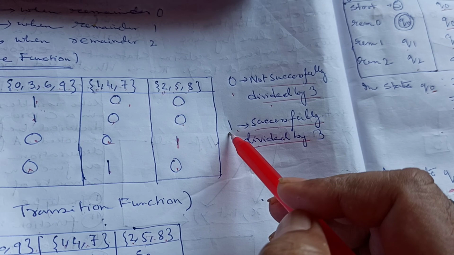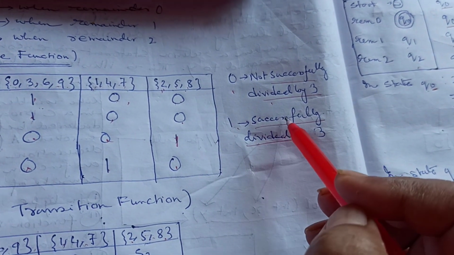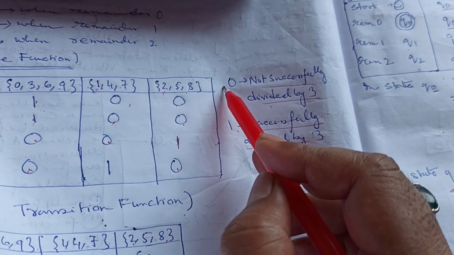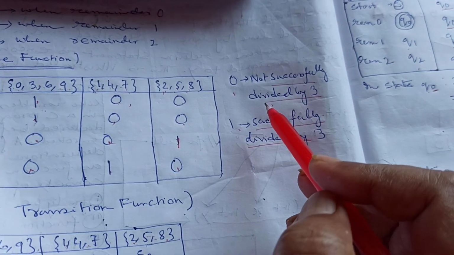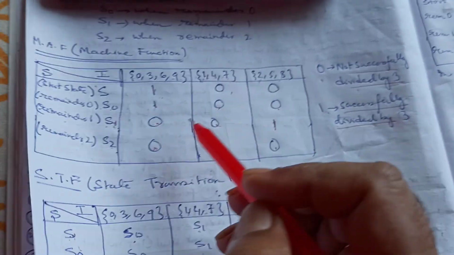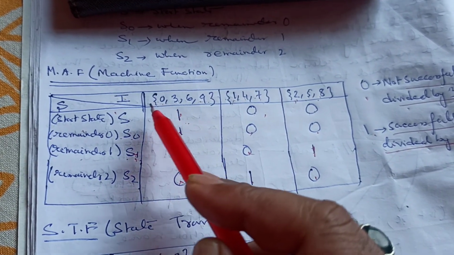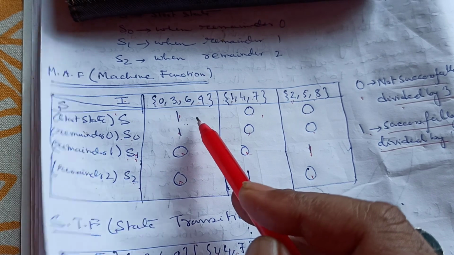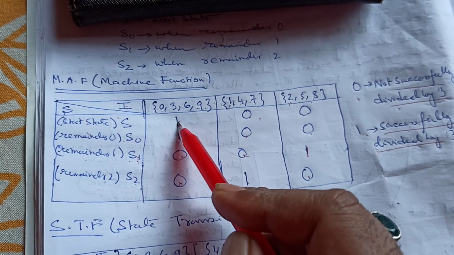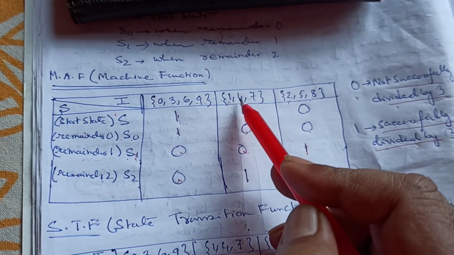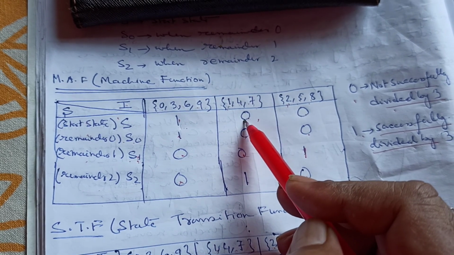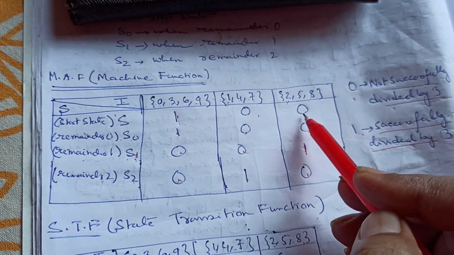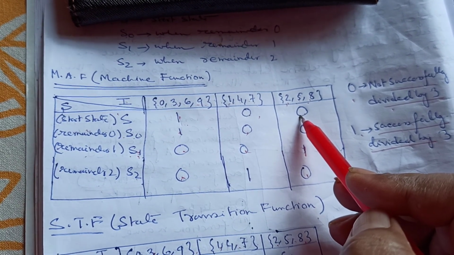The output will be 1 if it is successfully divided by 3, and the output will be 0 when it is not successfully divided by 3. Since 0, 3, 6, 9 all are divisible by 3, the output is 1. 1, 4, 7 is not successfully divided by 3, so 0. 2, 5, 8 not successfully divided by 3, that is why 0.